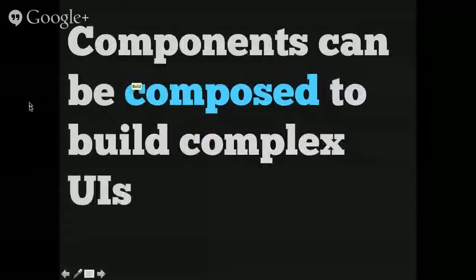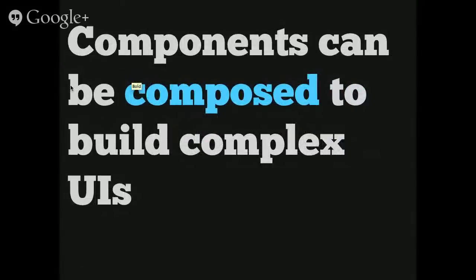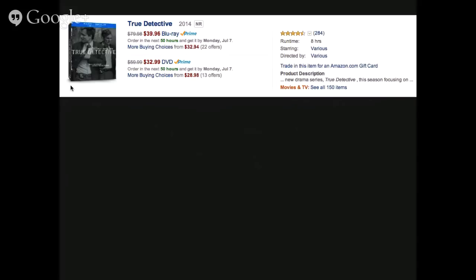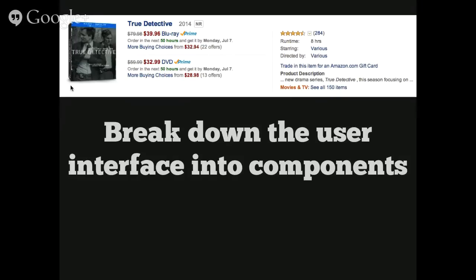Okay, so the nice thing about this is that you can compose your components to build very complex user interfaces. Let's take an example. This is a product item in a list from Amazon. The goal when you're thinking about how to build this using React is to break it down into multiple components.